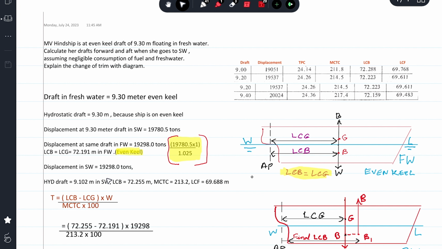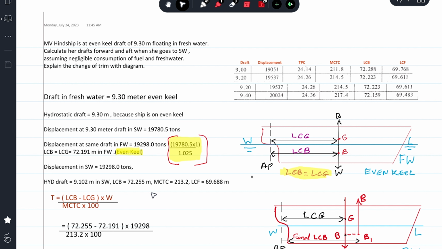I can enter hydrostatic particulars and against 19298 displacement I can read the hydrostatic draft, which is here. So I get the draft 9.102 meter after interpolating between 19051 and 19537 here. Hydrostatic draft is 9.10 meter in salt water.